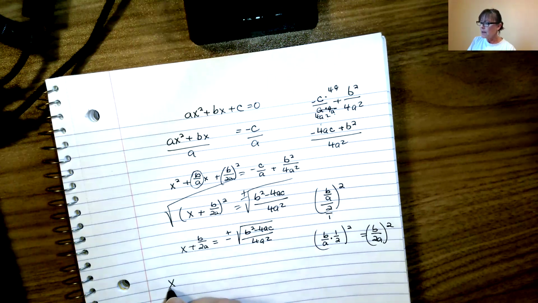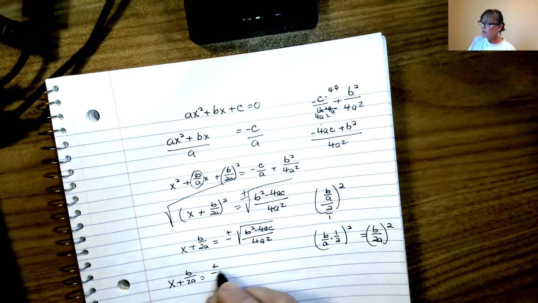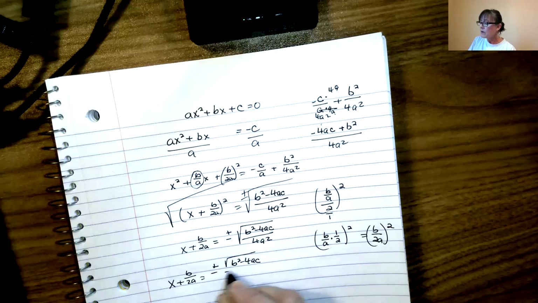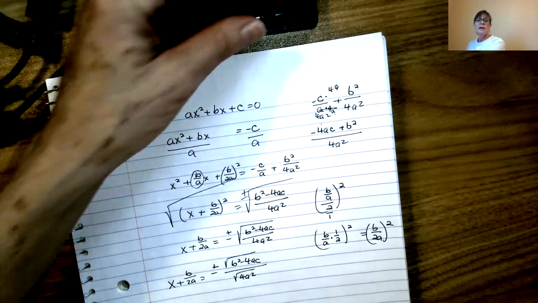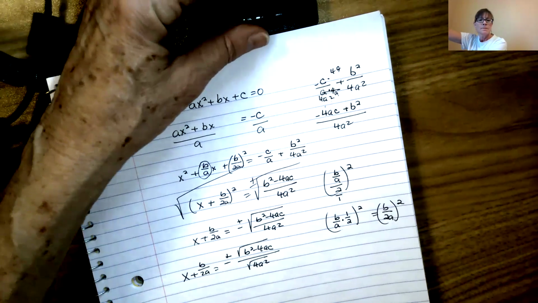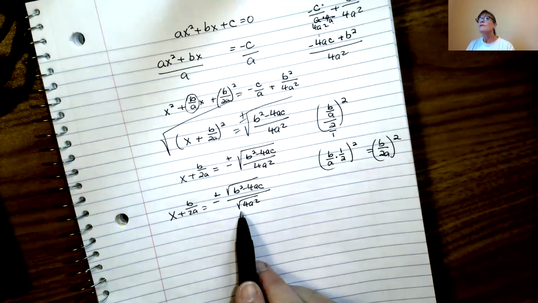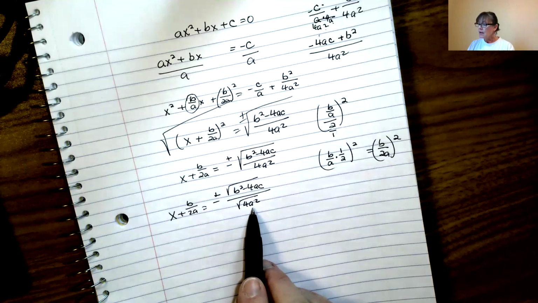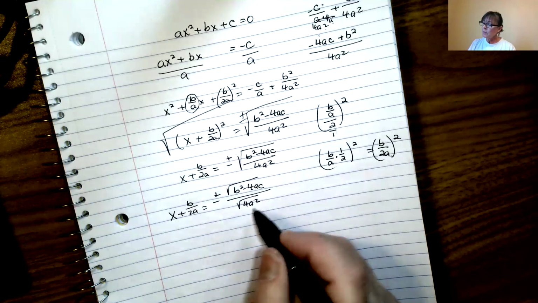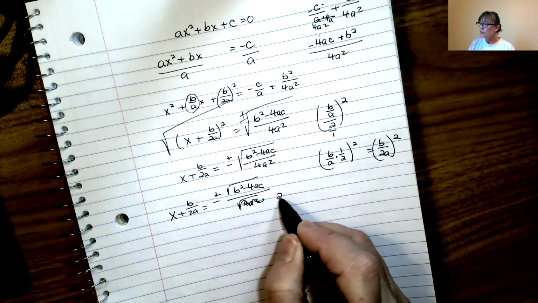So x plus b over 2a is equal to plus or minus the square root of b squared minus 4ac all over the square root of 4a squared. Okay, we're getting closer. Now, the square root of 4 is 2, and the square root of a squared is a. So this denominator can be rewritten as 2a.